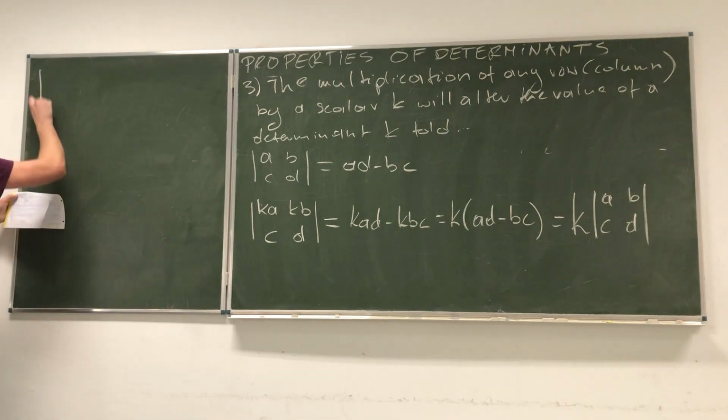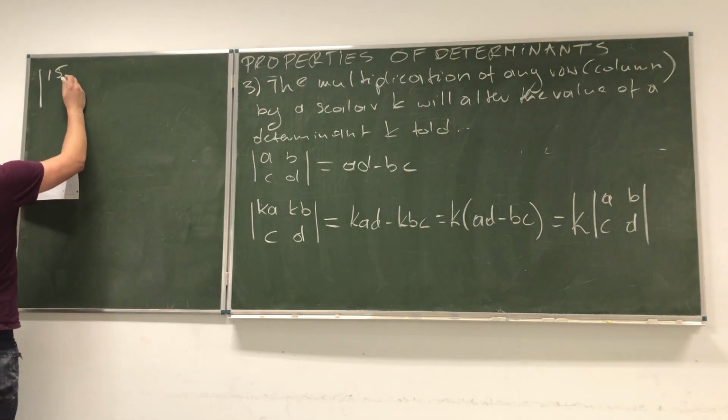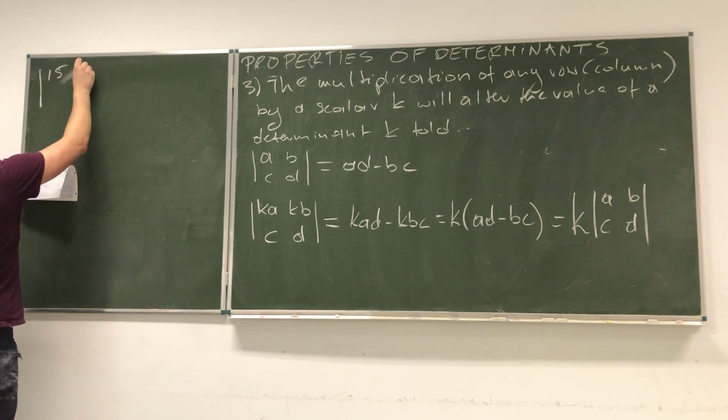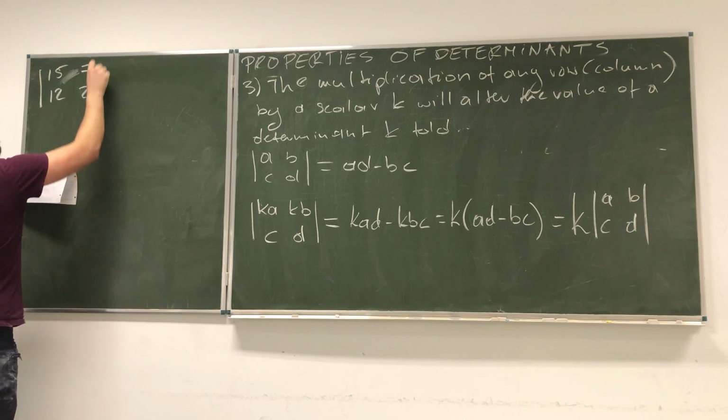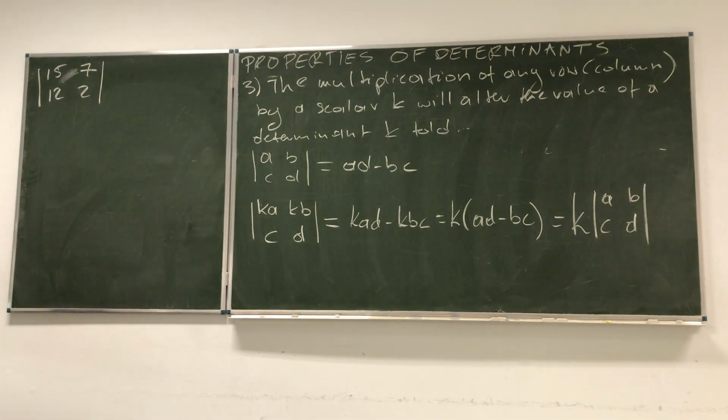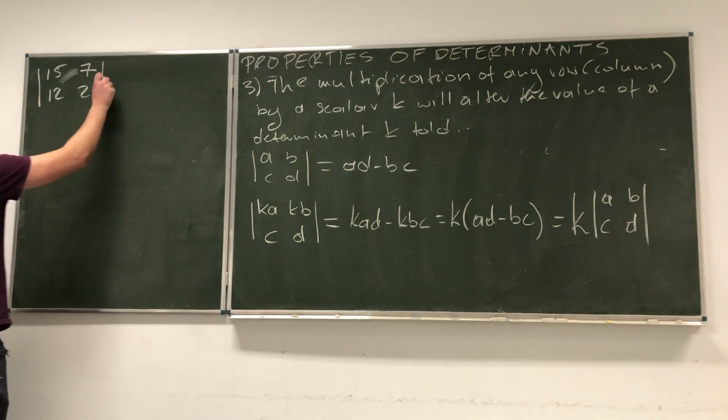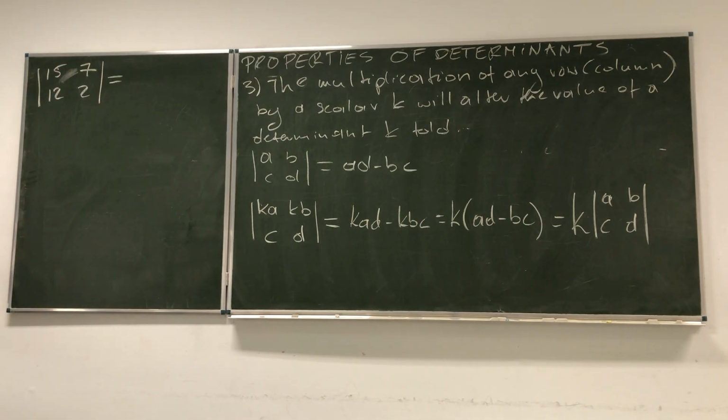Okay, let's just say that we've got 15, 7, 12, 2. Look, I know that even now this is relatively easy to calculate, but we can make all the calculations here simple. How? Well, look, I can take a common number out of any row or any column.